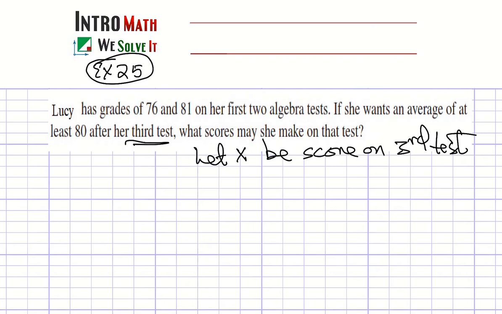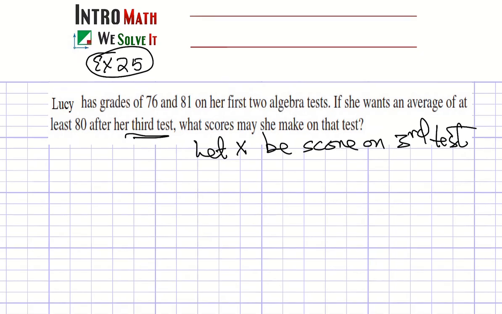They say she got 76 and 81. If she wants an average of at least, you see where inequality comes in. So that would be 76 plus 81 plus x will be at least, that's greater than or equal to 80.